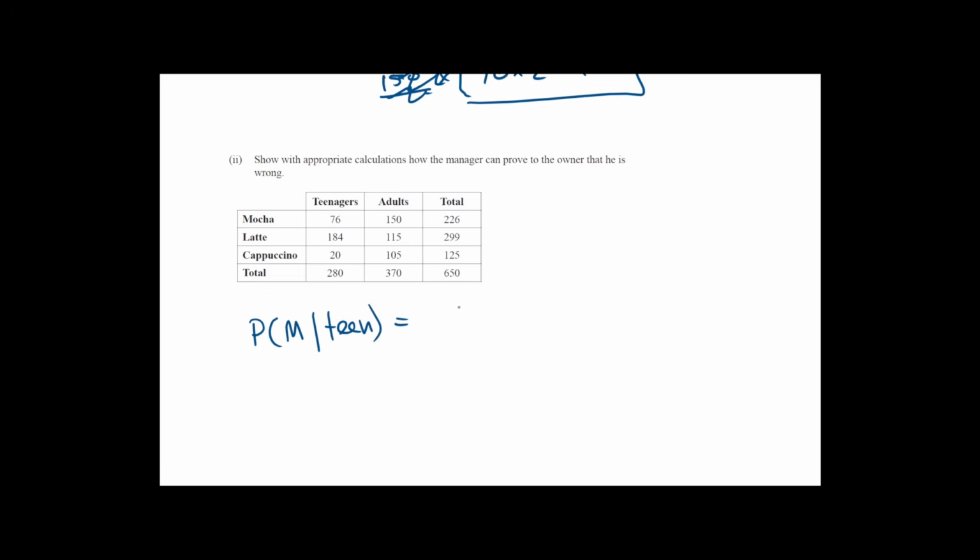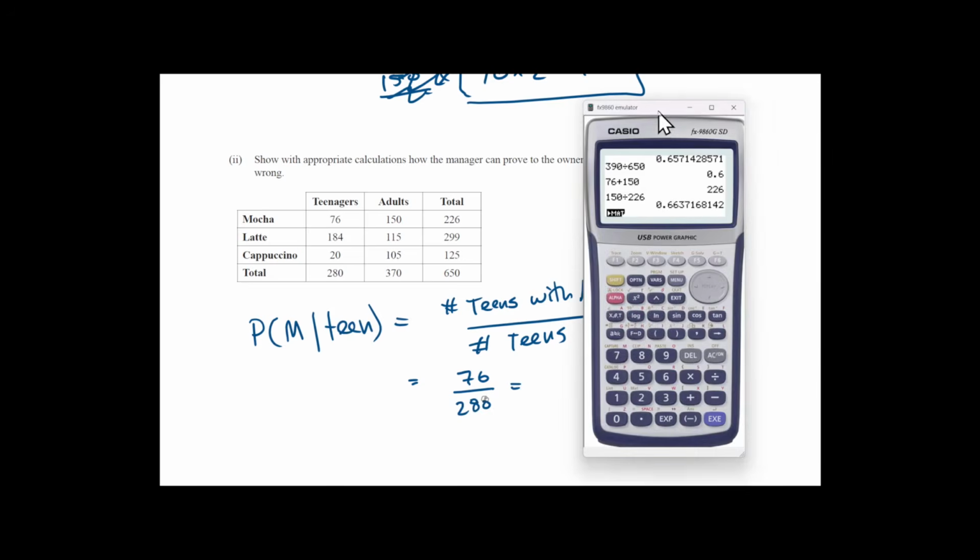That's going to be the number of teens who have a mocha over the total number of teens. So that's going to be 76 over 280, as a decimal fraction.